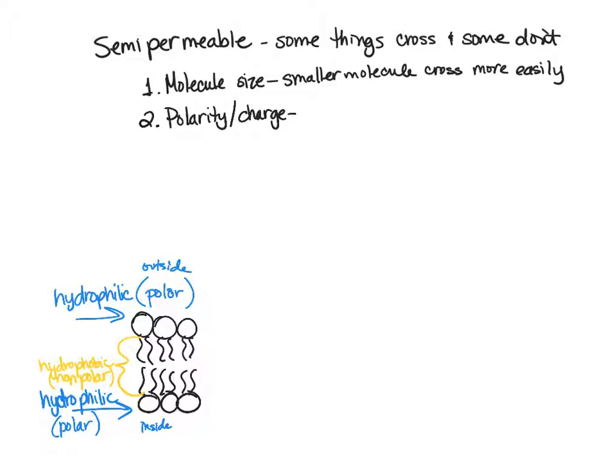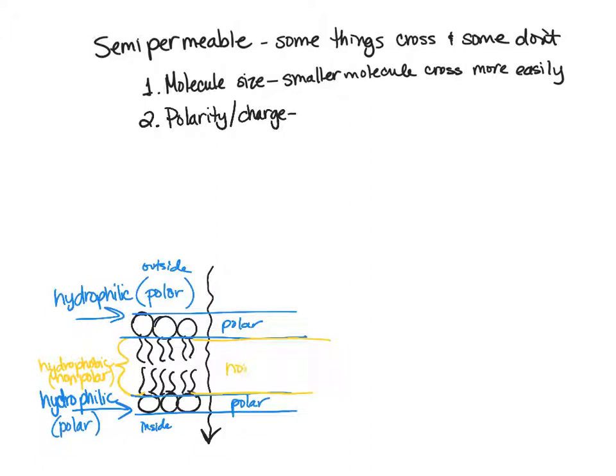So if we are talking about things that might easily be able to squirm their way through these layers, first of all we have the polar region here, and then we have a polar region here, and then we have a nonpolar region here. So it would have to get through the polar region, the nonpolar region, and then another polar region. So what we actually see is that nonpolar molecules are able to cross more easily.